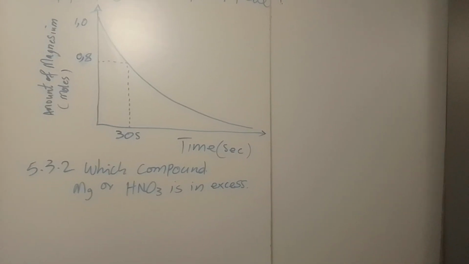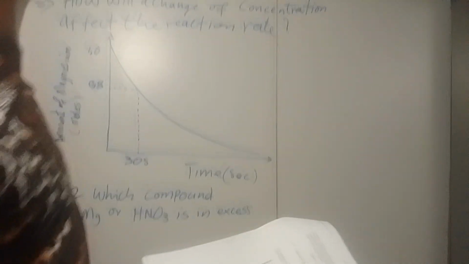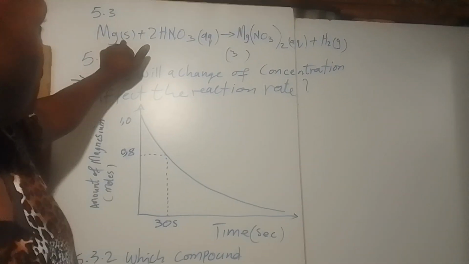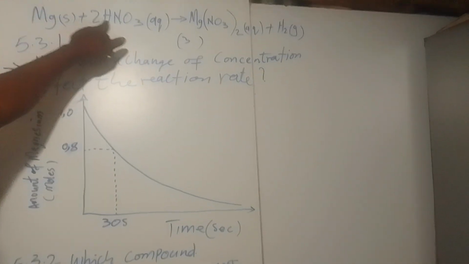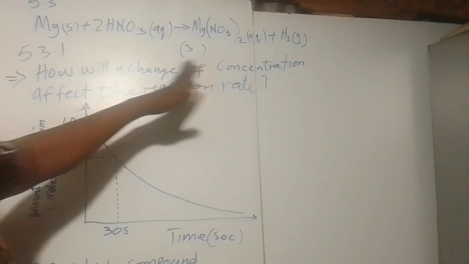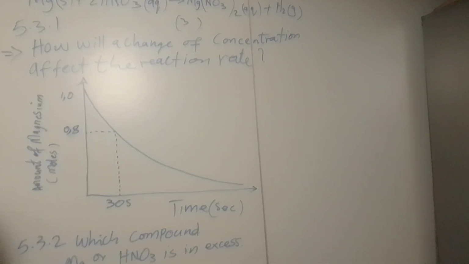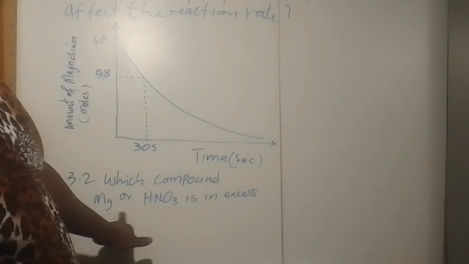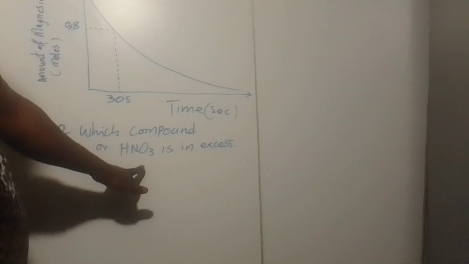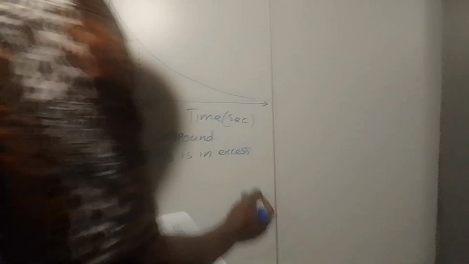Now we are given this reaction. It reacts magnesium and nitric acid. Then they want to know, according to the graph, which compound, magnesium or nitric acid, is in excess. What do they mean when they say in excess?